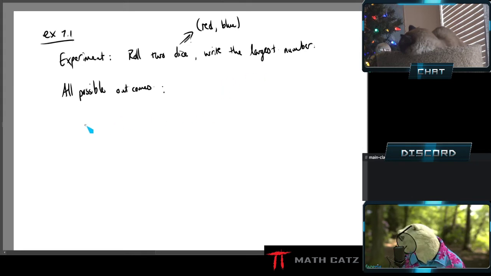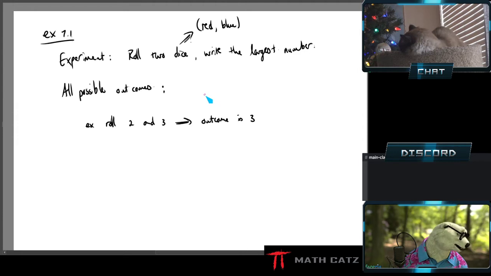So, for example, if we roll 2 and 3, then the outcome of the experiment is 3, the largest of the numbers. So if I look at all possible outcomes that could occur, let's write them in increasing order. The smallest number that I could ever write on my clipboard is a 1.